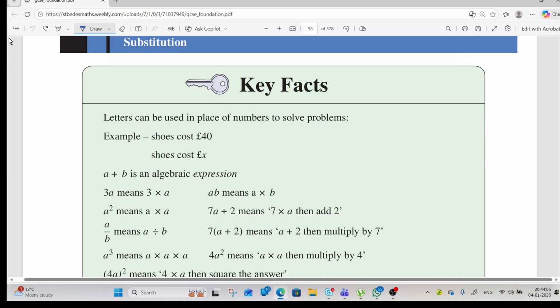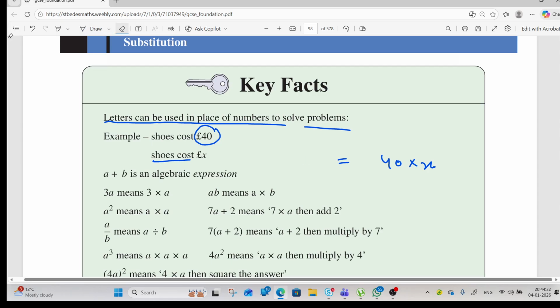Where do we use algebra? For example, in this example you can see letters can be used in place of numbers to solve problems. Suppose the cost of one shoe is $40, or 40 euros. If you have to find the cost of x number of shoes, that would be 40 times x, right?